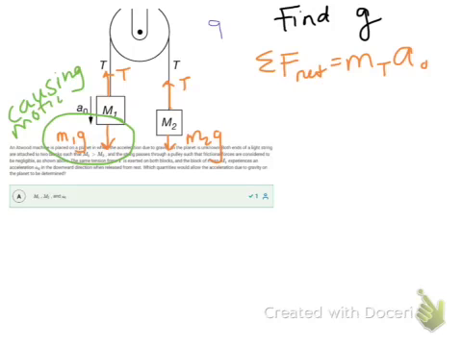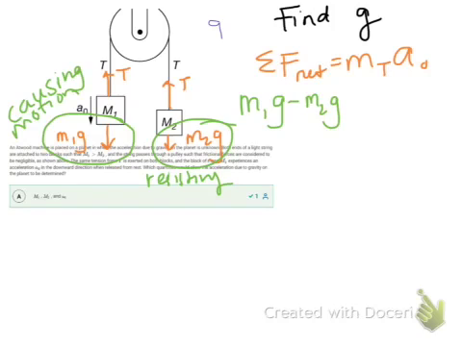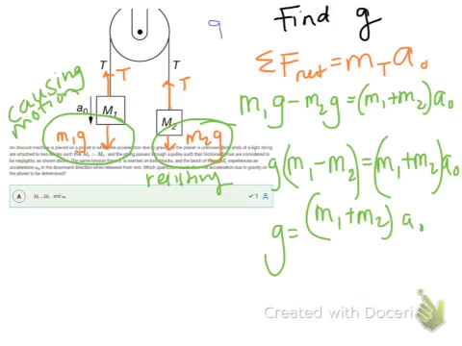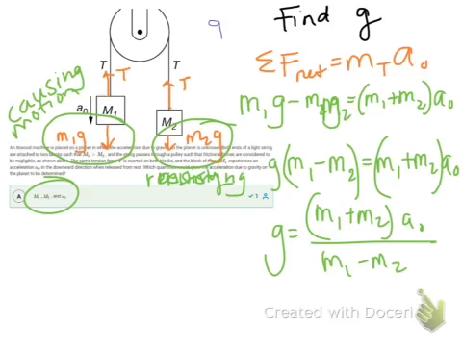My force that's causing the acceleration is positive, that's the m1g. And then m2g is resisting, so that's a negative force. That equals the total mass times the acceleration. And I went through and solved this for g, which you didn't need to do. You just needed to note that you needed mass 1, mass 2, and the acceleration to find g.